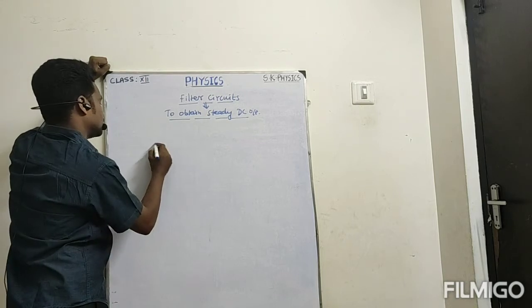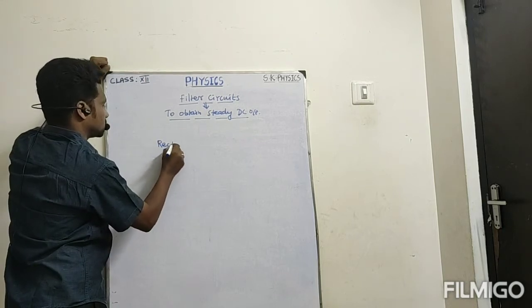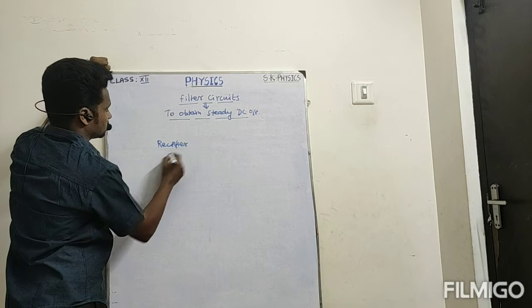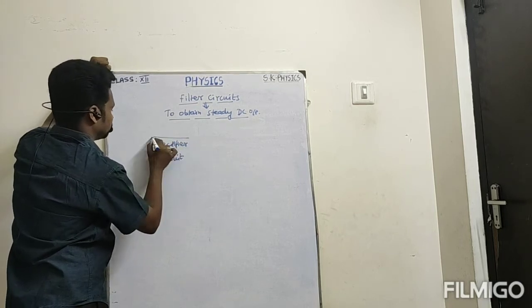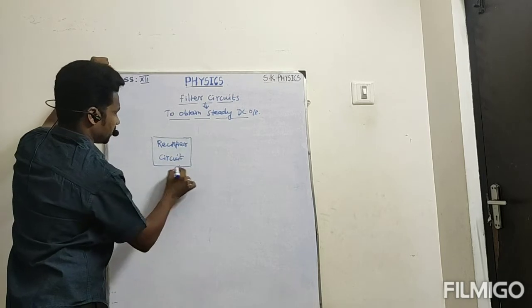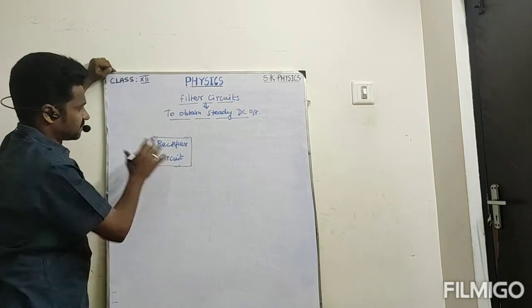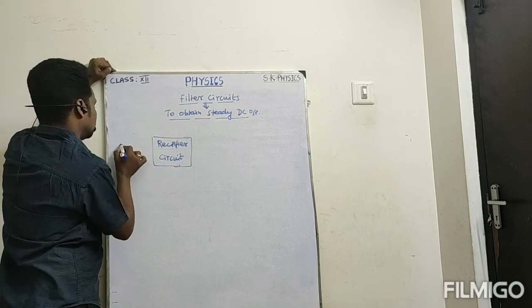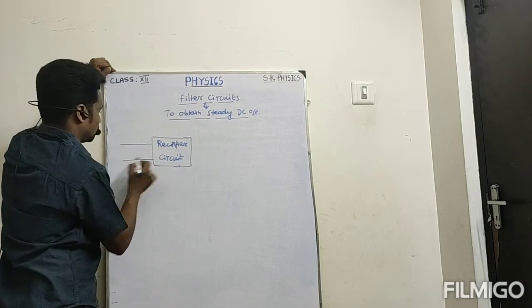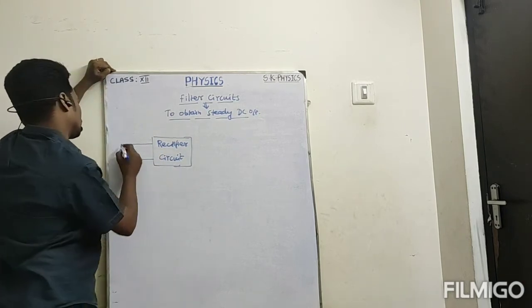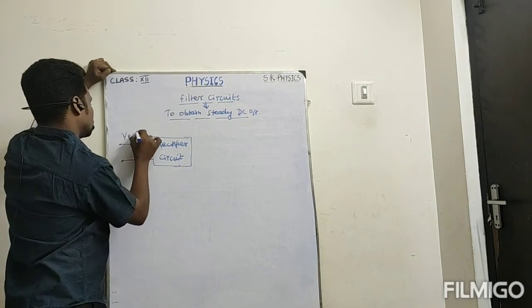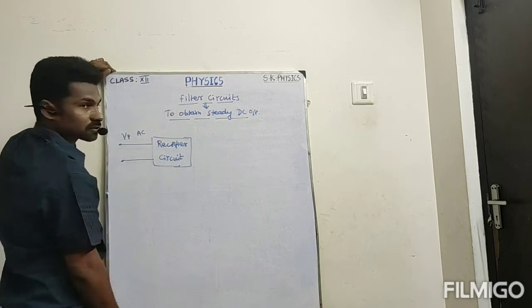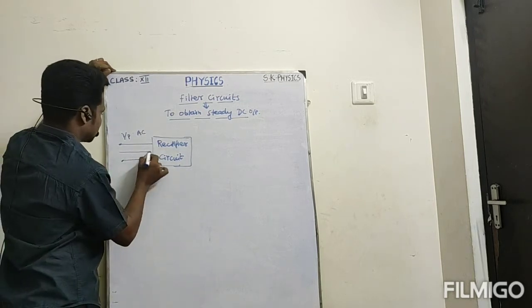Say for example, this is any rectifier circuit, maybe half wave, full wave or bridge rectifier. So we know that this is the input. The input is what? An AC source, like this.